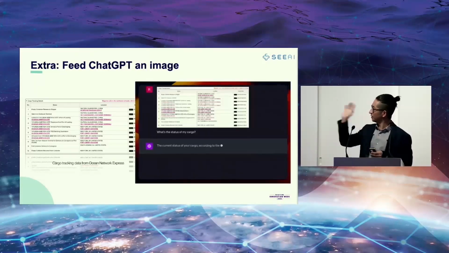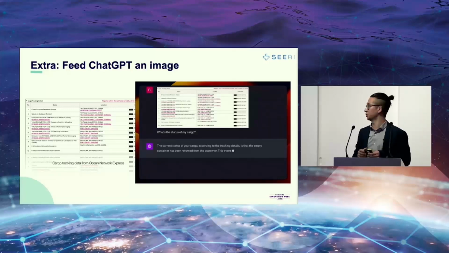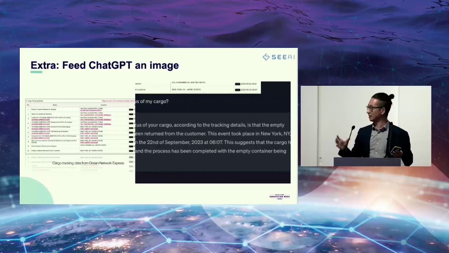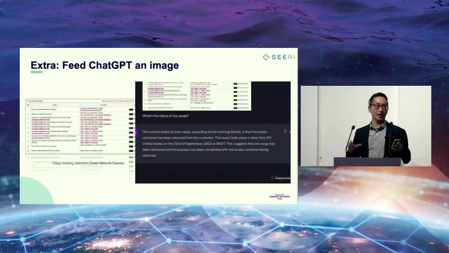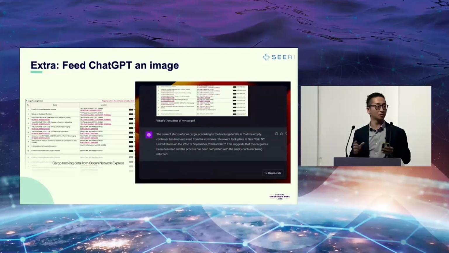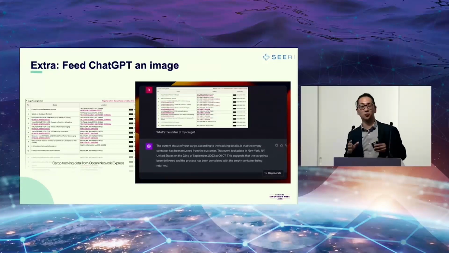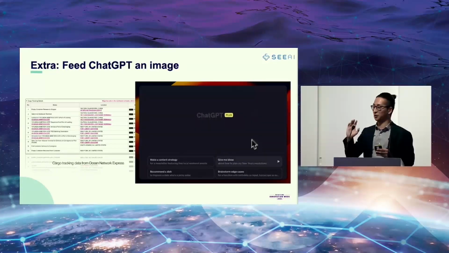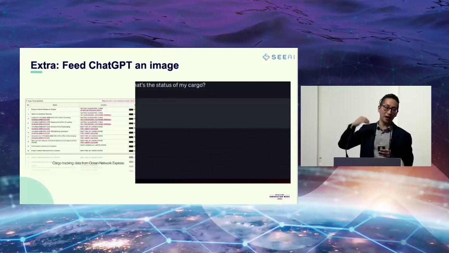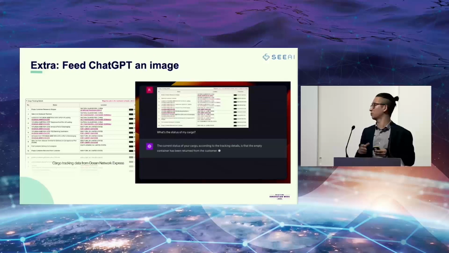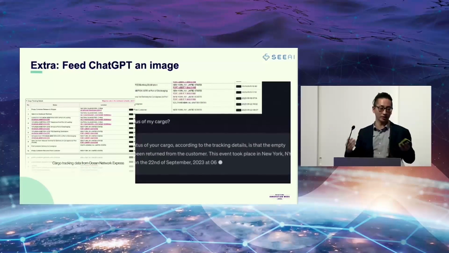You can just feed it to ChatGPT and ask it to summarize the status of my cargo, and it's able to understand and summarize what happened to the cargo very well. That means you can program ChatGPT to go into these sites and report back to you to check all the status of your tracking or cargo, which usually requires humans to go in and check.